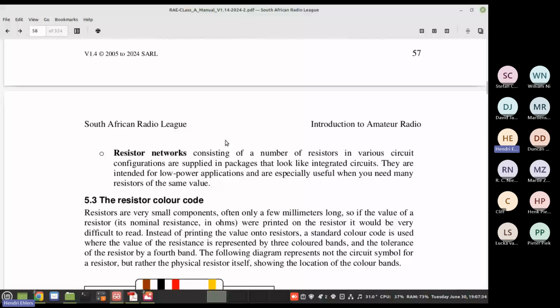Then sometimes a person cannot get the right value of resistor. Now, in general, everybody works on the Phillips values. And the Phillips values are typically 2.2, 3.3, 4.7, 6.8, and so on.